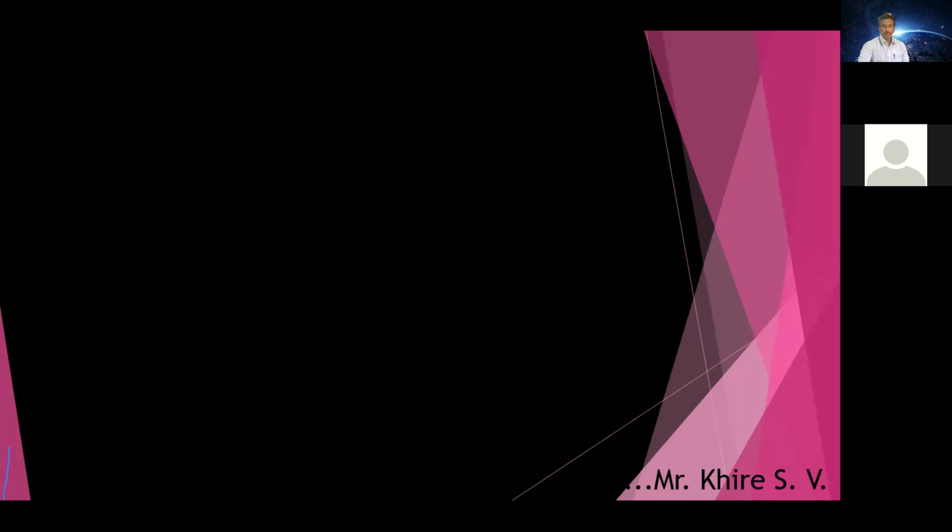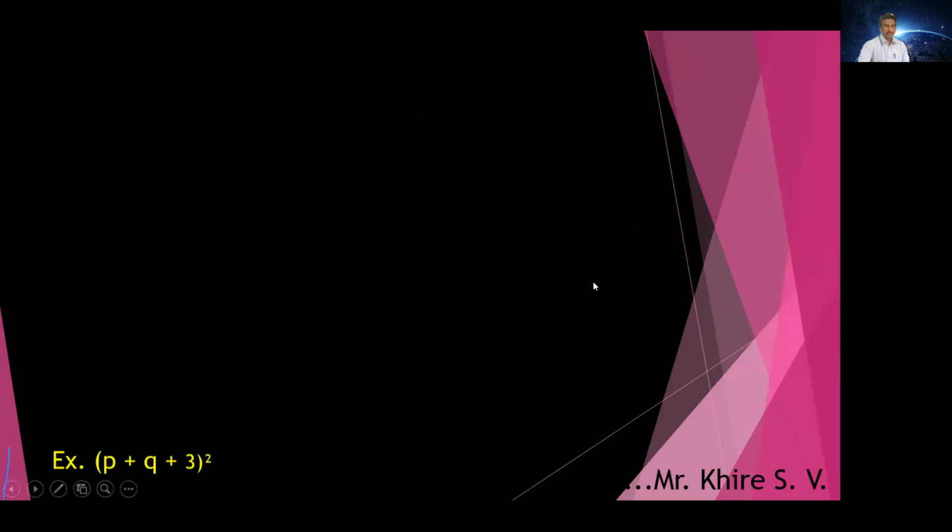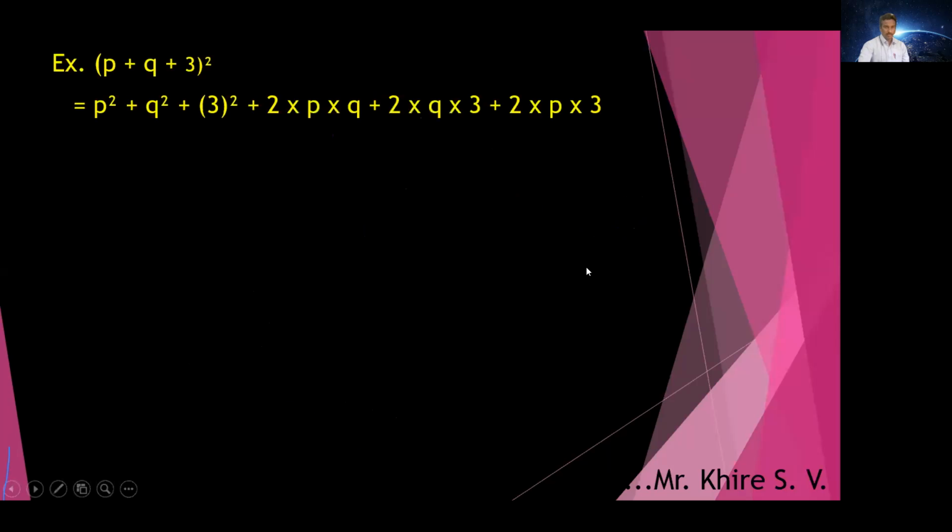Next is an example: p plus q plus 3 whole square. By using the a plus b plus c whole square formula, we get this answer.